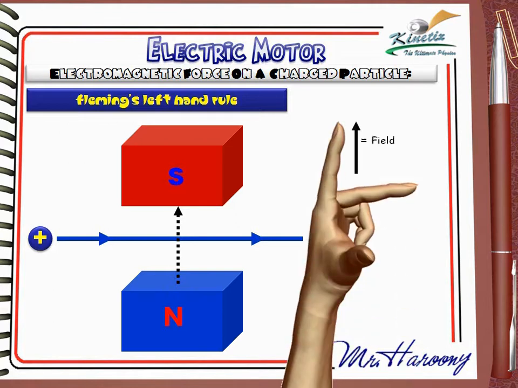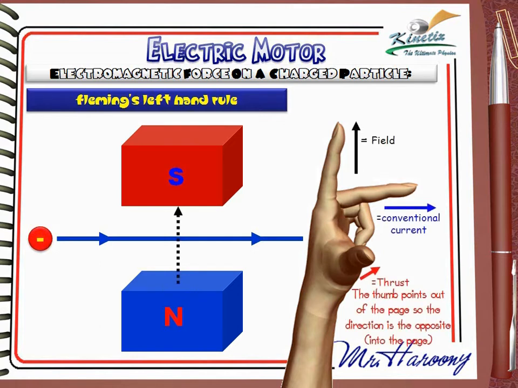If the first finger shows the direction of the magnetic field to the top of the page, and the second finger shows the direction of the conventional current, which is the direction of the positive charge as well, the thumb will show the direction of the pushing force on the moving charge, in this case, out of the page. Sure, if this positive charge is replaced by a negative one, the same rule is used, but the direction of pushing is taken as the opposite of that of the thumb, and it will be into the page.